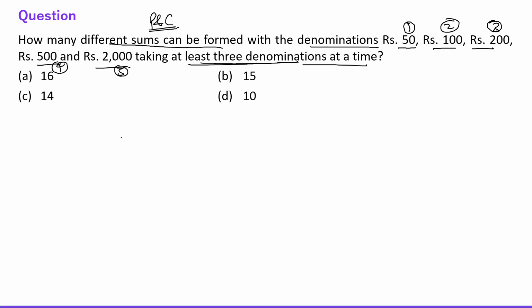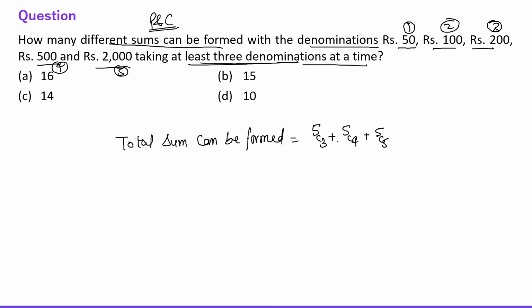So the total sums that can be formed are 5C3, 5C4, 5C5.